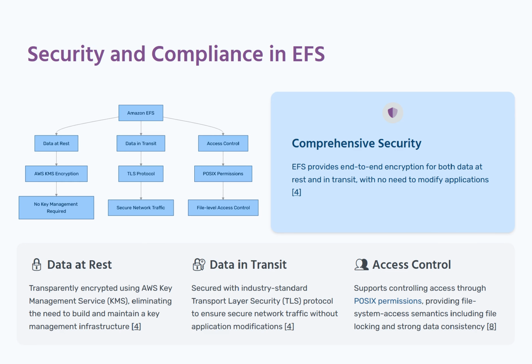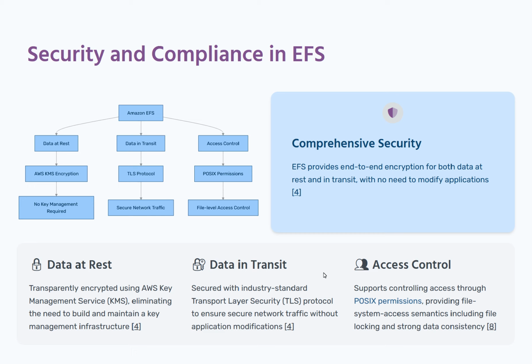All right. So let's look at security and compliance in Elastic File System. You can see end-to-end encryption for both data at rest and in transit, with no need to modify the application. For EFS data at rest, you can use AWS Key Management Service encryption, KMS. In transit, TLS, Transport Layer Security.